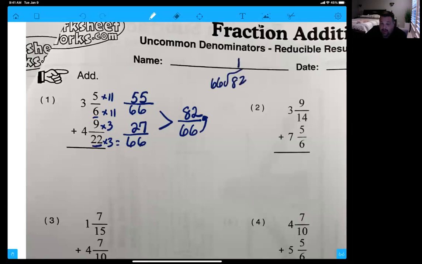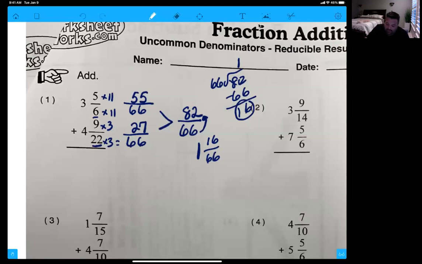We know that goes one time, right? Take the 66 and let's see what's left. You've got 16 left over, right? So this fraction would turn into 1 with 16 pieces of the 66 still left over. Got it?